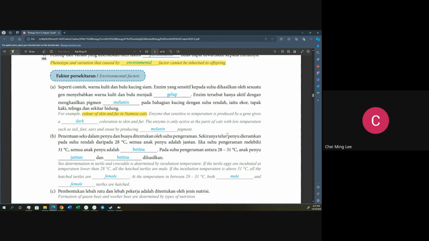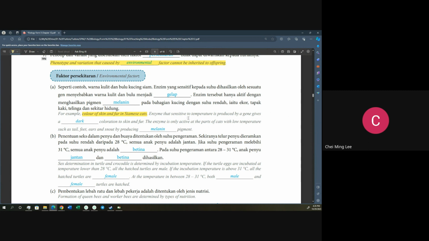by producing a melanin pigment. Means that for the Siamese cat in a different environment, in terms of temperature, it will produce a different fur color pattern. Why?